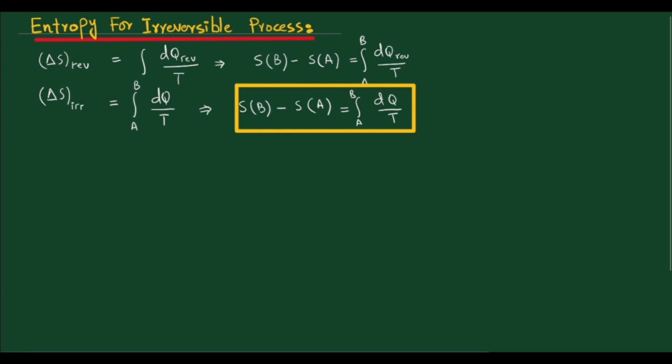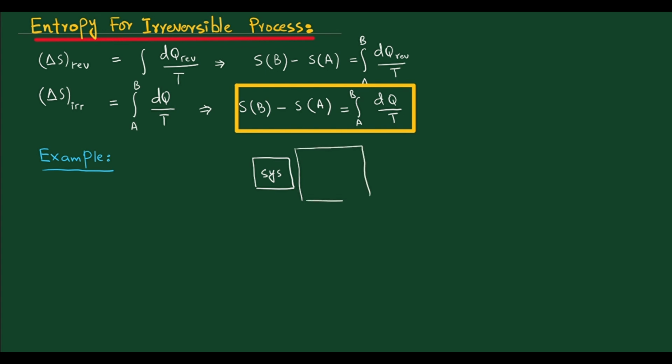Now consider an example of this irreversible process. In the last video we discussed the example of a reversible process in which we considered a system which is in thermal contact with the surrounding, and the temperature of the system is T1 and the temperature of the surrounding is T2.